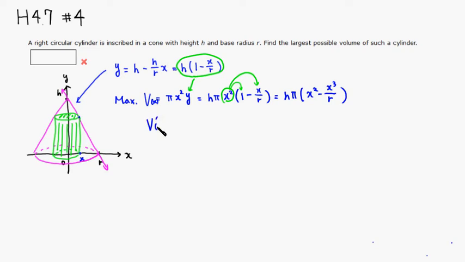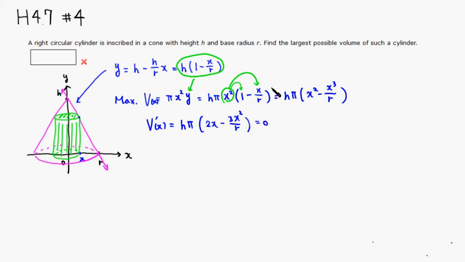So V prime of x is going to be h pi, just a constant, times the derivative of x squared, which is 2x, minus the derivative of x cubed over r, which is 3x squared over r. And this is equal to 0.